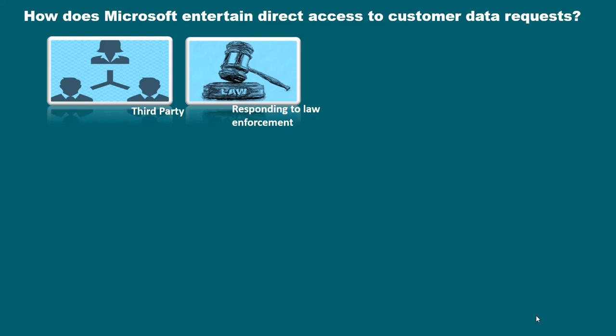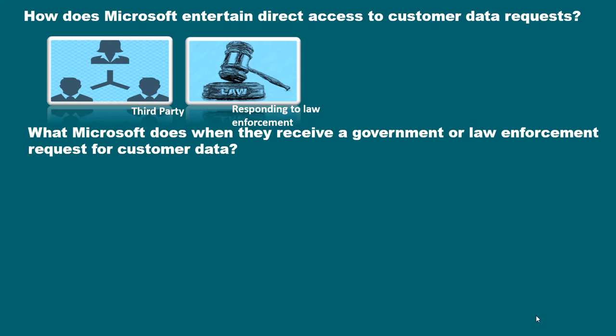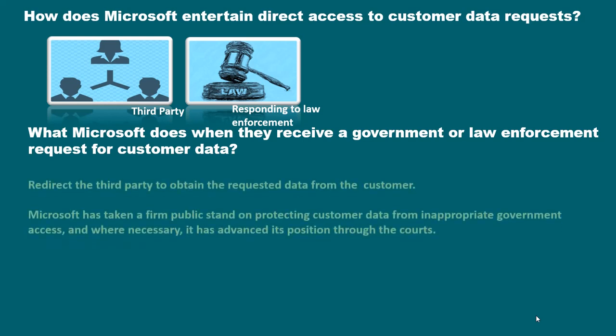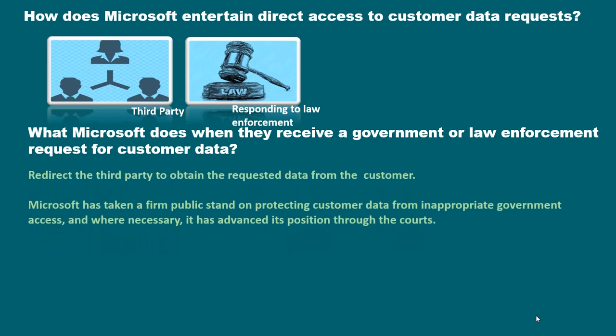What does Microsoft do when they receive a government or law enforcement request for customer data? Microsoft always attempts to redirect the third party to obtain the requested data from the customer. If Microsoft is not able to redirect to the customer, Microsoft discloses information only when legally compelled to do so, and always makes sure to provide only the data specified in the legal order.